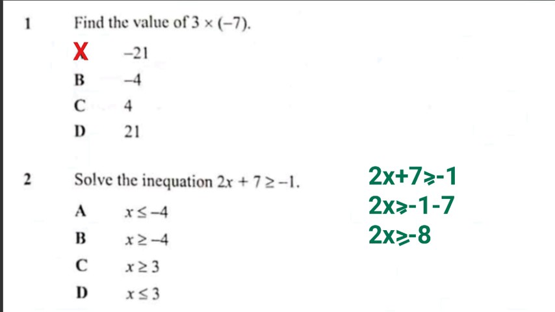Now at this stage we're going to divide both sides by 2 because we want to remain with x alone on one side of the greater or equal to sign. So 2 on top will be cancelled and 2 down will be cancelled, leaving us with x is greater than or equal to negative 8 divided by 2, which gives us negative 4.